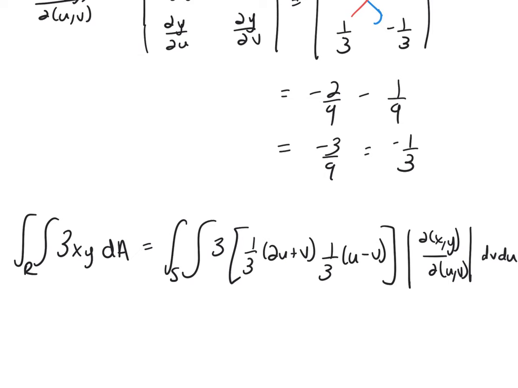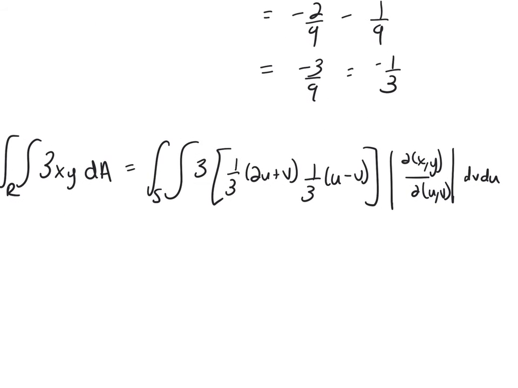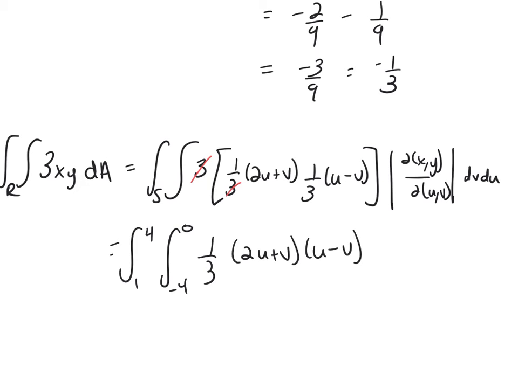So now remember how we described the region S in our last video. U went from 1 to 4. V went from -4 to 0. And we're going to get, so this 3 and this 3 cancel. We get a 1/3 (2u plus v)(u minus v), the absolute value of -1/3, dv du.